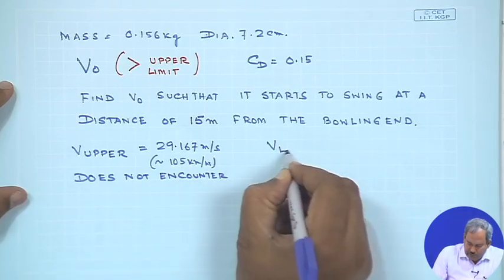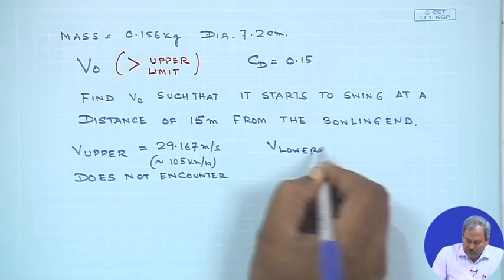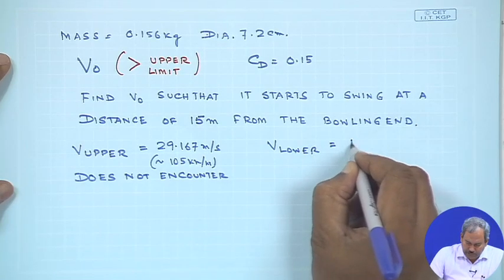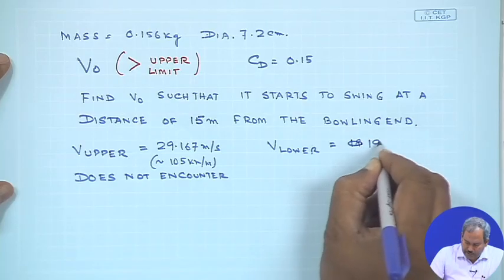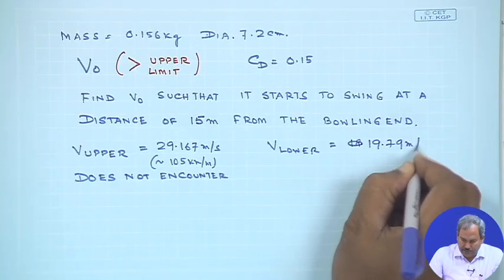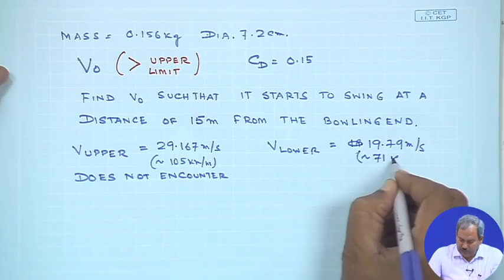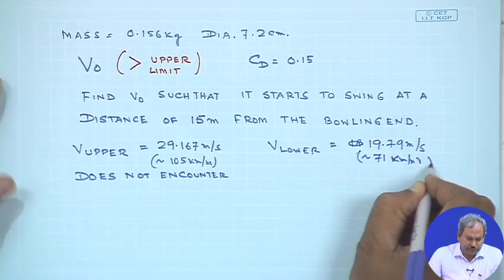And v lower is equal to 19.79 meter per second or 71 kilometer per hour.